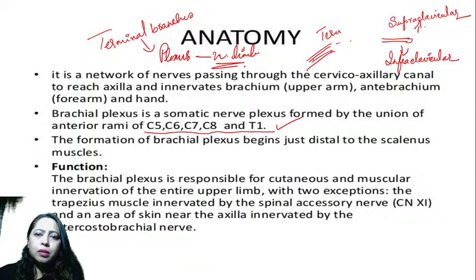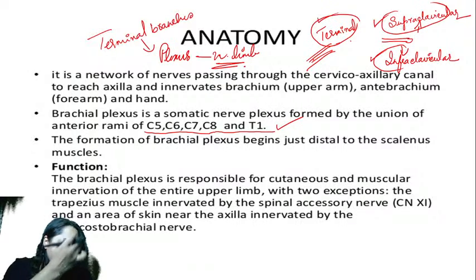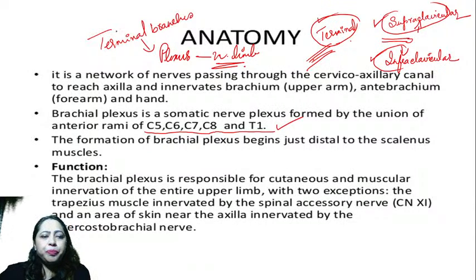So any injuries that you want to categorize, you can categorize under three groups: supraclavicular group, infraclavicular group, and terminal group. If there is an injury to the terminal branches, you would put it under terminal group. That is what you are going to learn today.